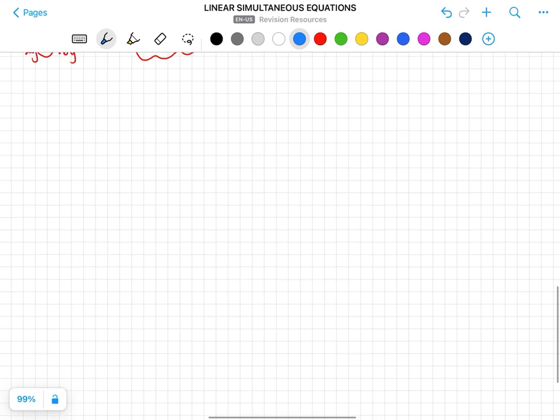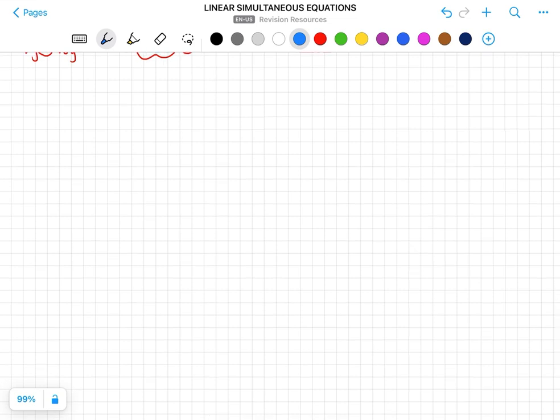And let's have a look at one more linear simultaneous equation example. 5x plus 2y equals 11. 4x minus 3y equals 18. Now remember step 1, we want to make either of our values for x or y the same. Let's make our values of x the same. So we want to now find the lowest common multiple of 5 and 4.